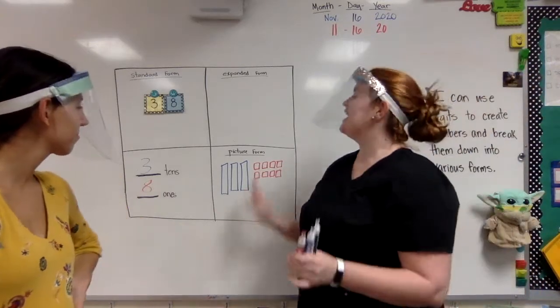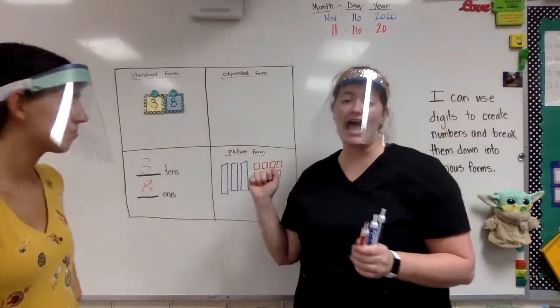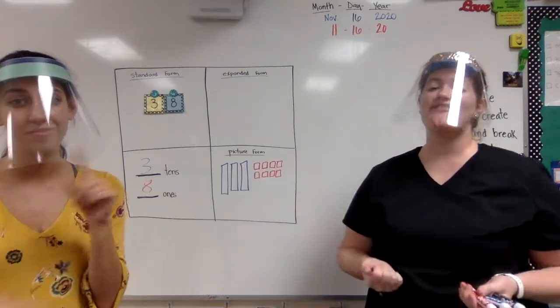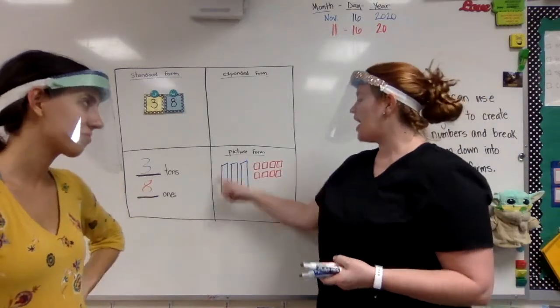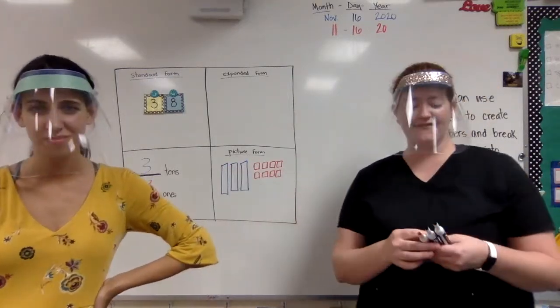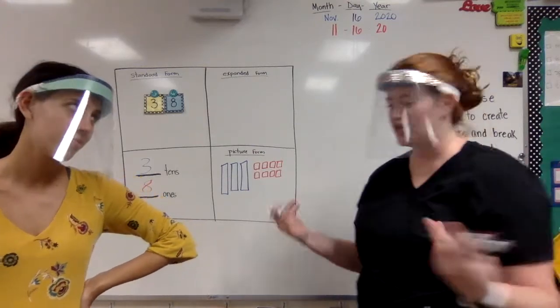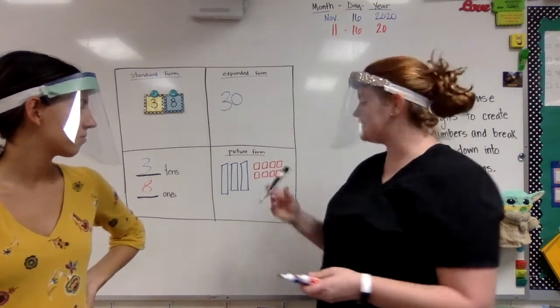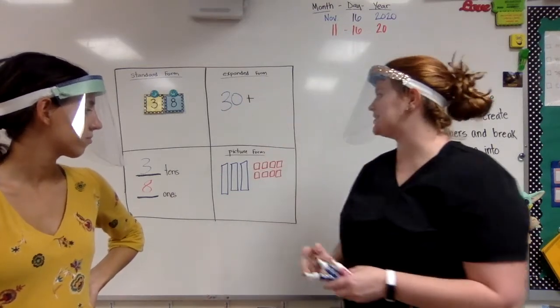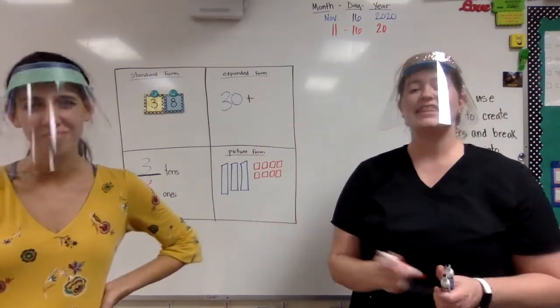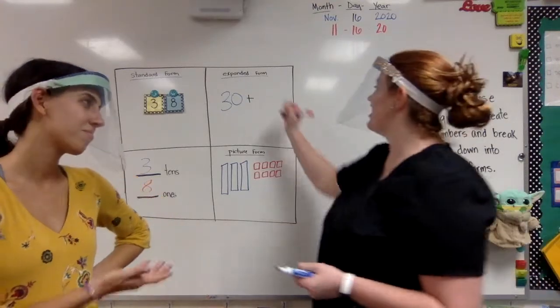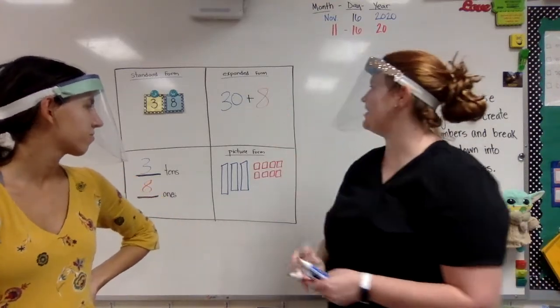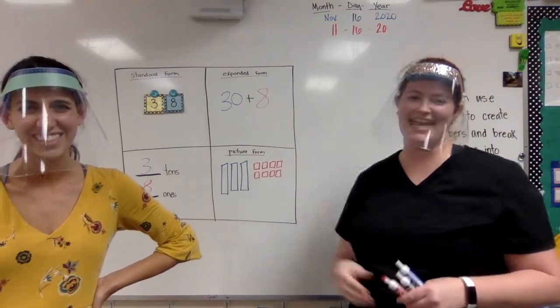I need to take the value of my tens plus the value of my ones. Well, I have 3 tens. That has a value of 30. So I have 30 plus the value of my ones. I have 8 ones. That has a value of 8. So my expanded form is 30 plus 8.